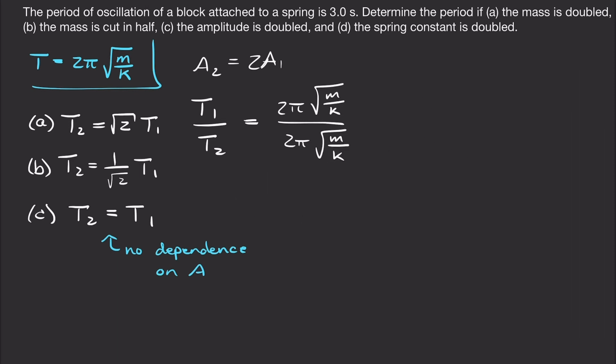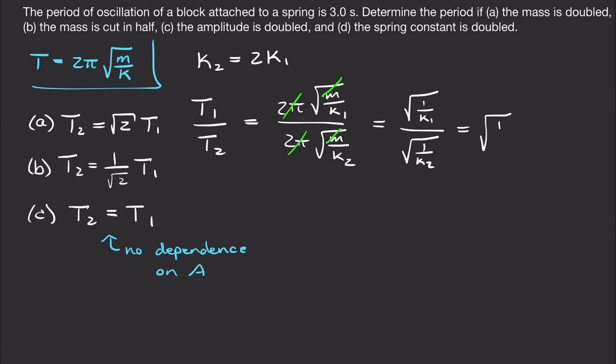Maybe I can leave that actually. So now we want to take our spring constant, K1, and double it. So K2 is going to be twice K1. And so if we plug that in, this is going to be K1 and K2. So our 2 pi's will cancel. Now our square root of M will cancel. And we're left with square root of 1 over K1 over square root of 1 over K2.